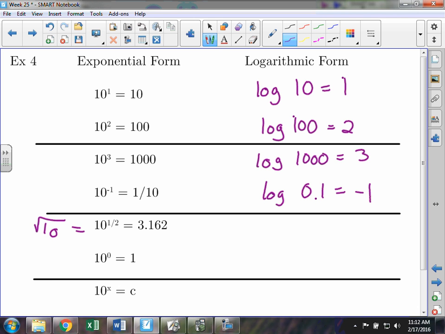Continuing further, log of 3.162 equals half. Moving down to the next one, log of 1 equals 0.